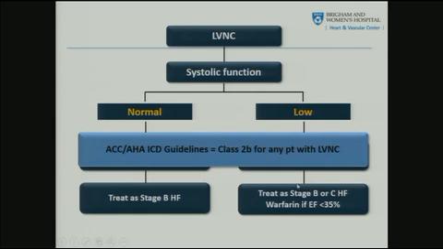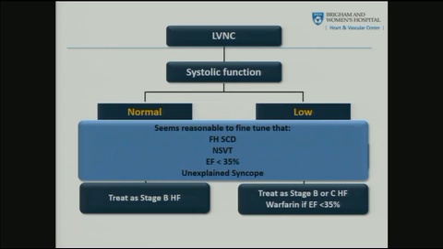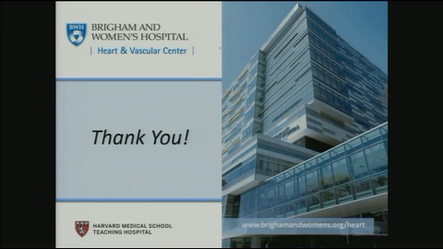And in general, any patient with non-compaction has a class 2B indication for a defibrillator, but in general, it probably makes sense to fine-tune that to patients who have a family history of sudden death in association with cardiomyopathy, a low EF, some evidence of non-sustained VT such that the substrate is more severe than just the fact of non-compaction. Coumadin is considered for patients who have low EF less than 35%, and other heart failure medicines are indicated as per guidelines.